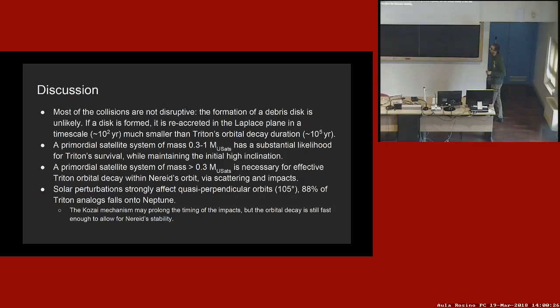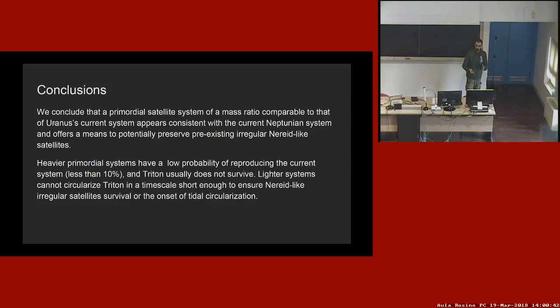The solar perturbations strongly affect these quasi-perpendicular orbits, also with quasi-cycles, and 88% of the moons are cannibalized by Neptune.